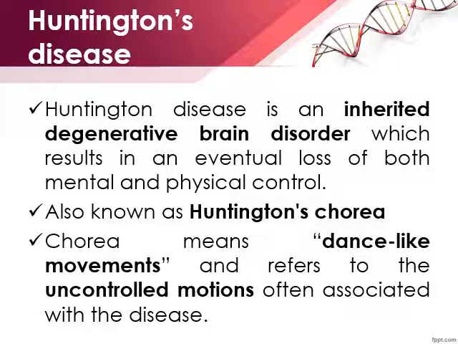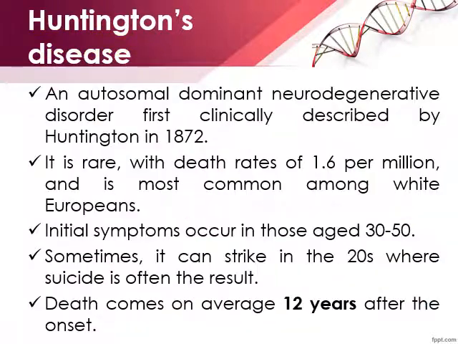We also have Huntington's disease. It is an inherited degenerative brain disorder, also known as Huntington's chorea. Chorea means dance-like movement and refers to uncontrollable motions. It was first clinically described by Huntington in 1872. It is rare.